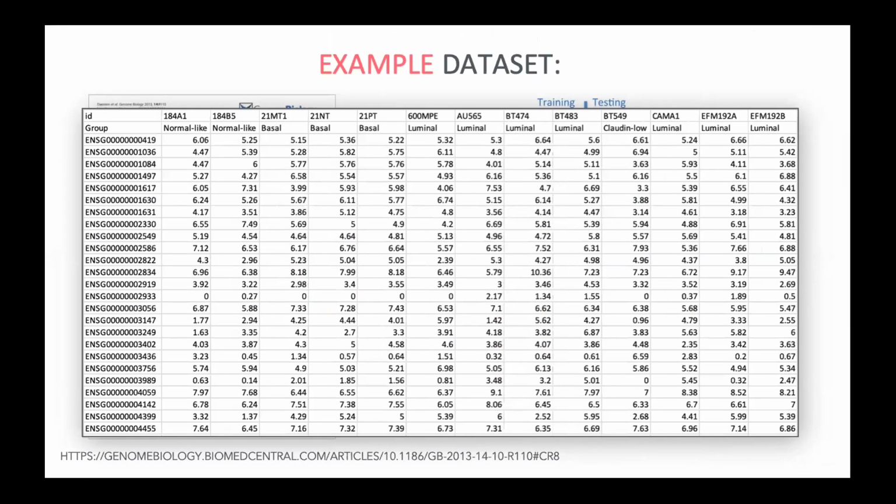All these genes that we have in our table of expression, when we looked at those samples, they represent 4 different subtypes of breast cancer, right? We have normal like, we have basal, we have Claudin low, we have luminal. So we have 4 subtypes of breast cancer.